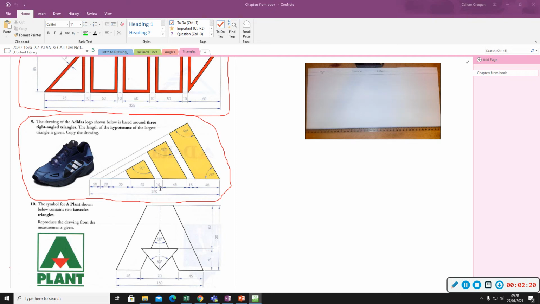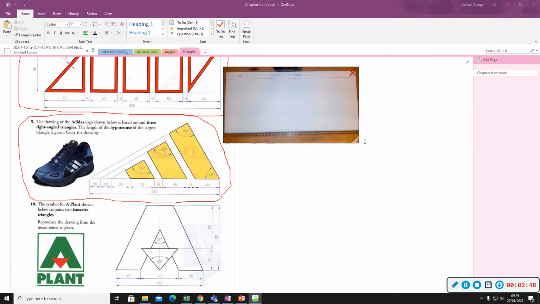We see all the measurements here on the bottom. Excellent. We notice that they give us some angles as well. So we should be able to find the length of this side by finding out the angles. Remember from last week, we learned that if you add up the three angles of a triangle, you always get 180.